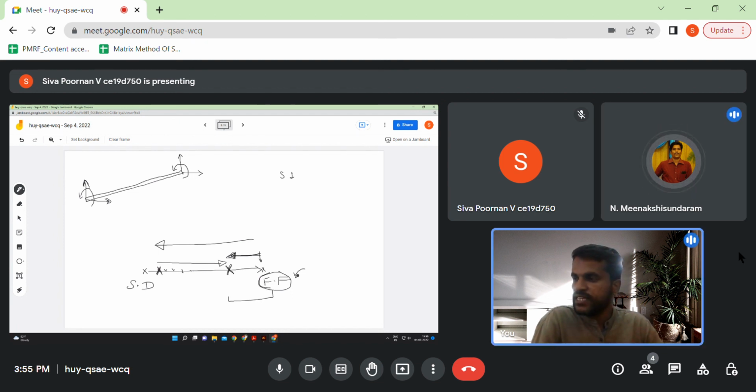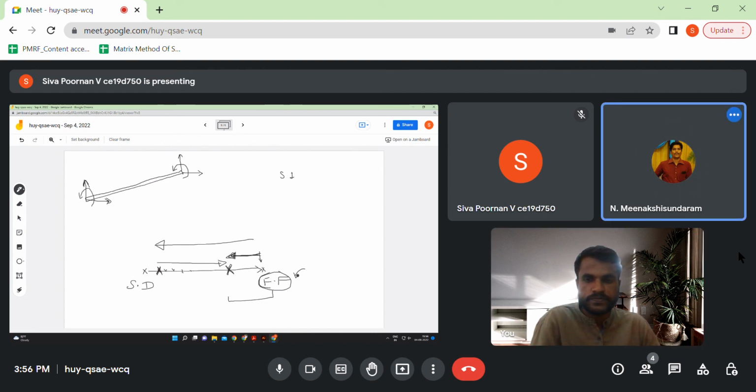Yes, I understand. Yeah, you're right. So for a fixed beam, when we have an intermediate load, we solve it using fixed end moments, which we should know from force methods. Okay.